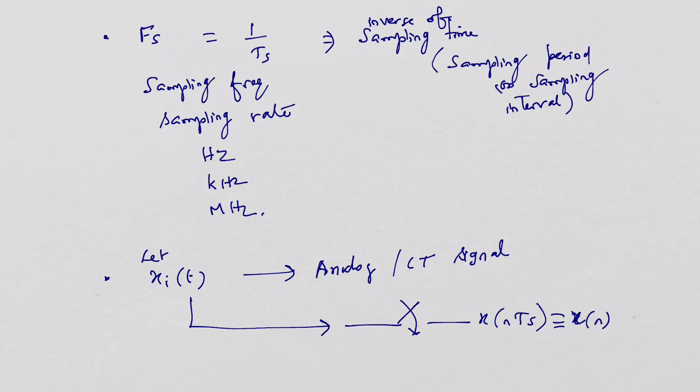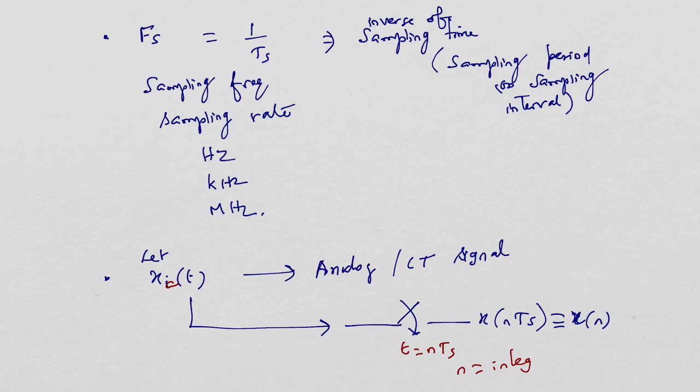When an analog signal, a continuous time signal, xa of t, is applied as an input to a switch which is closed once in a time interval nTs, where n is an integer, n may be equal to 0, 1, 2, or 3. That is 1 Ts, 2 Ts, 3 Ts, 4 Ts, 5 Ts.